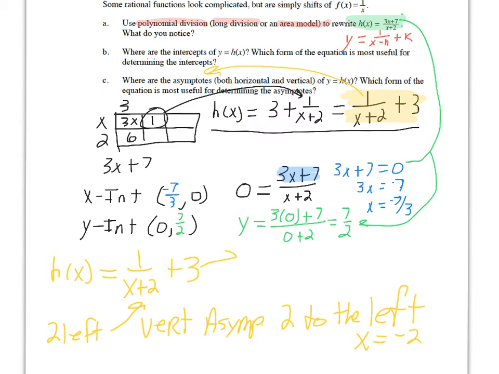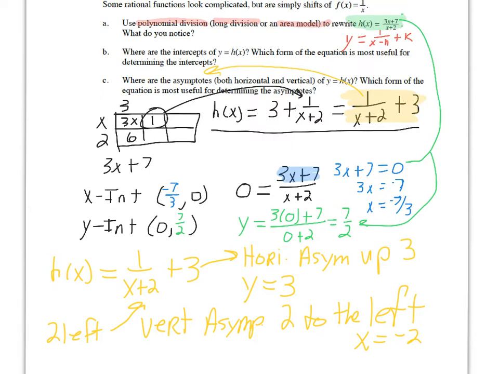The plus 3 is moving your horizontal asymptote up 3. So the equation for the horizontal asymptote is now y equaling 3.